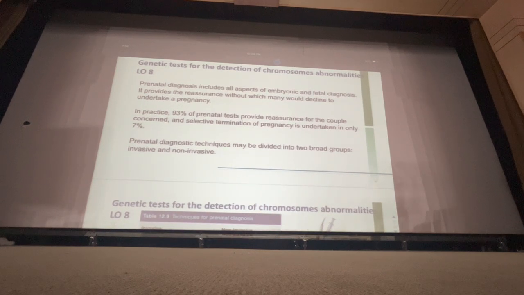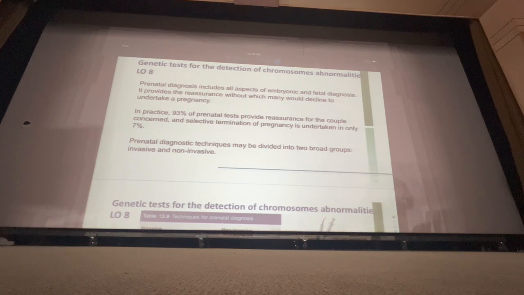Now, karyotyping is this procedure, but before you do karyotyping, sometimes you need other methods to obtain material. So this slide talks about that. Genetic tests for the detection of chromosomal anomalies, not just karyotyping. So prenatal diagnosis includes all aspects of embryonic and fetal diagnosis.